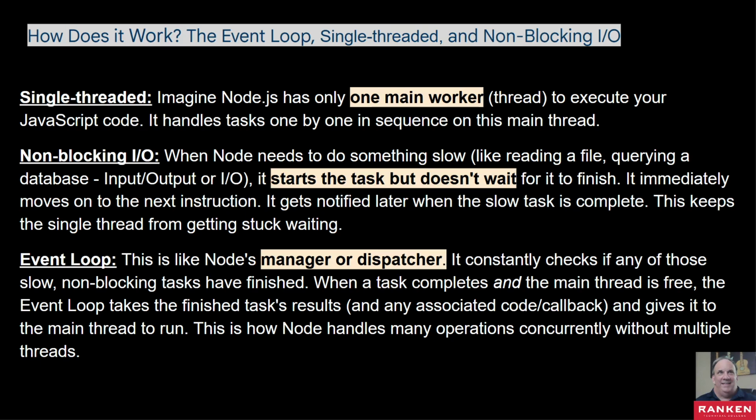You bring that back. Let's say some other customers come in and sit down. The same waitress or waiter may go take their order. So this is an analogy of how this works. That's the non-blocking part. It doesn't sit there and wait for it to be finished. It moves on to the next thing. And then it gets notified.